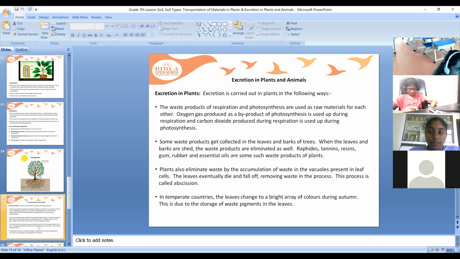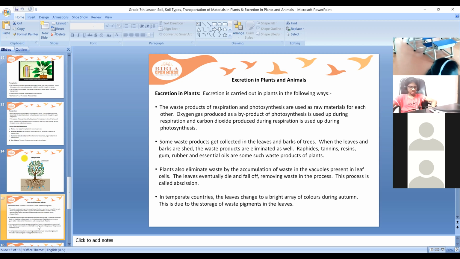Oxygen gas produced as a byproduct of photosynthesis is used up during respiration, and carbon dioxide is produced during respiration. So during photosynthesis, plants take in carbon dioxide and they give out oxygen. During respiration, it takes in oxygen and it gives out carbon dioxide.